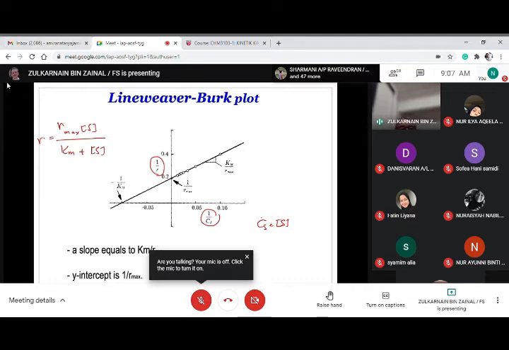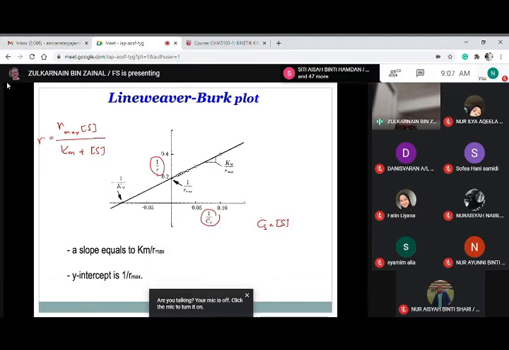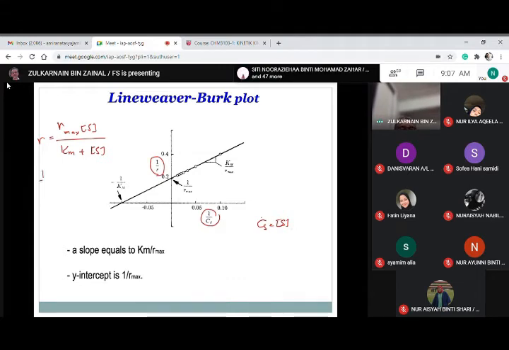Okay, so if you take 1 over R, 1 over R will be Km plus S over R max S, right?